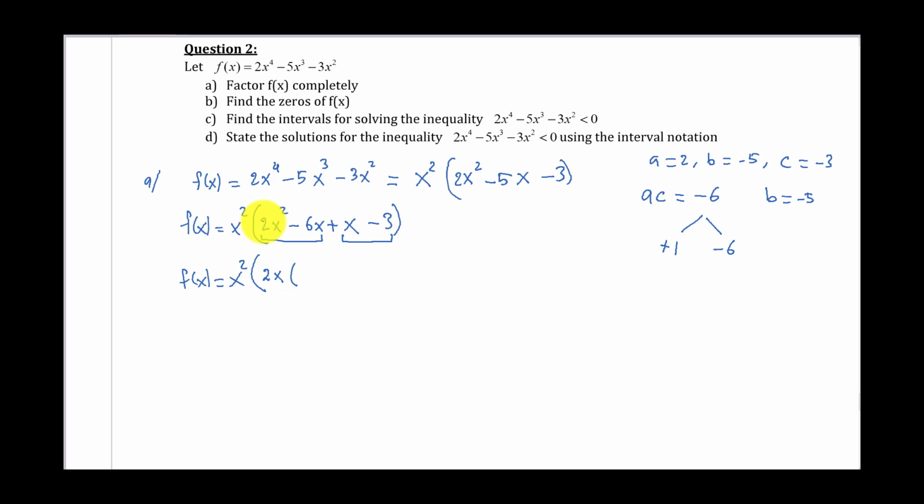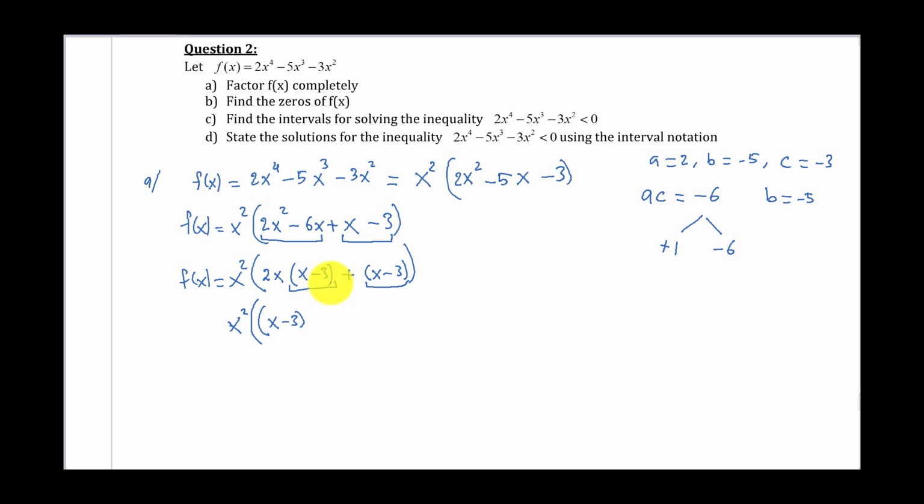When I take away 2x here, I only have 1x left for the first term, and here I only have minus 3, because minus 3 times 2x gives me minus 6x. And then between the last two terms, I don't have anything that I can factor, so I just rewrite x minus 3 here. However, now you can see x minus 3 here and x minus 3 here, they are the common factor. So I can pull that to the front again.